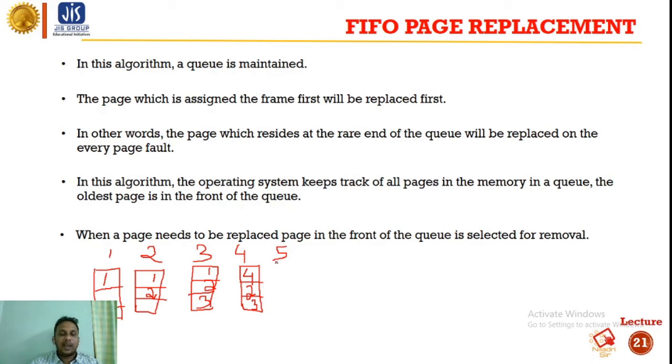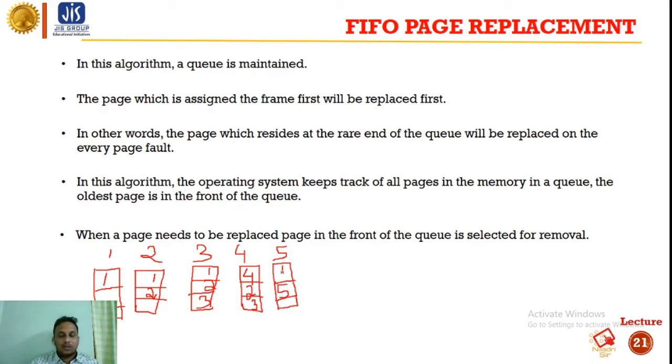The next one is 5. Now 4, 2 and 3 are there. Among 4, 2 and 3, page 2 was inserted first, so 5 will replace 2.